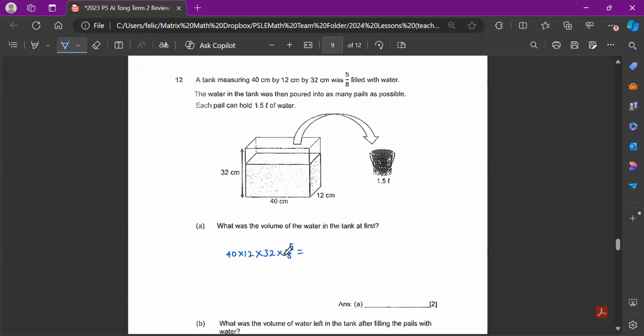No need to do that. Times 5/8 is the same thing as those. All right, so you're just shortening it a lot also. So this will be 9,600. All right, that's it. That's the water effort. 9,600, either you choose ml or cubic centimeter. Both are fine.